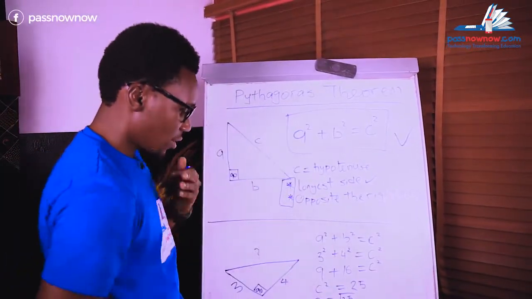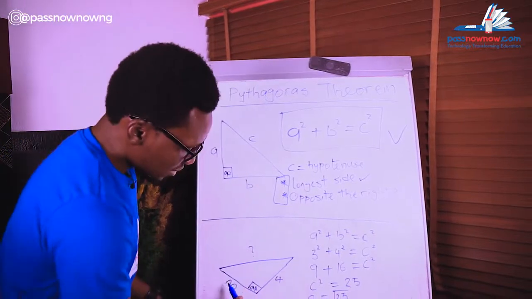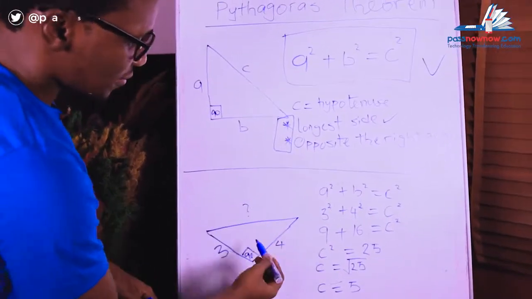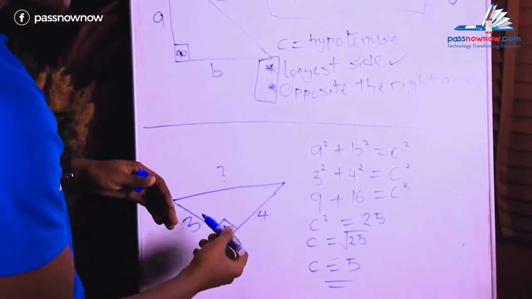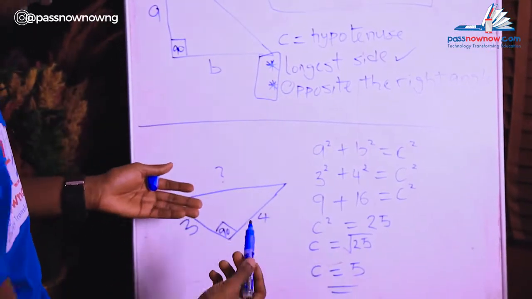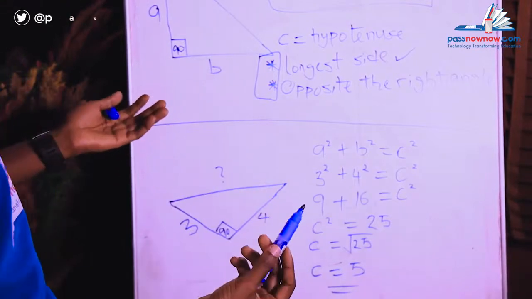Now see this example I wrote here. You have 3, you have 4, and you're looking for this. Now how do you know this is your hypotenuse? Let's say you can't decide which one is the longest side just by looking at it.